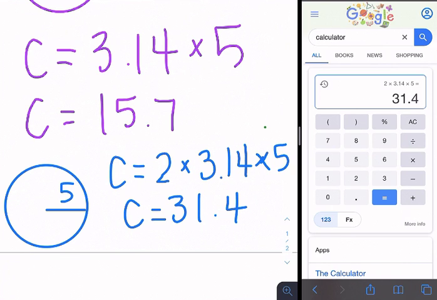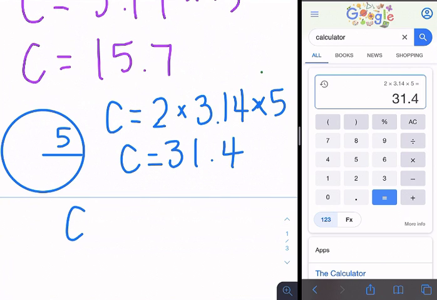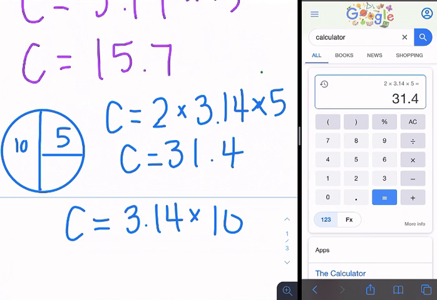Now, if I wanted to use the other formula instead, I could have said that the circumference was 3.14, pi, times the diameter, and since the radius is 5, if we went all the way across, it would be 10. So we could actually do it either way and we'd get the same number.